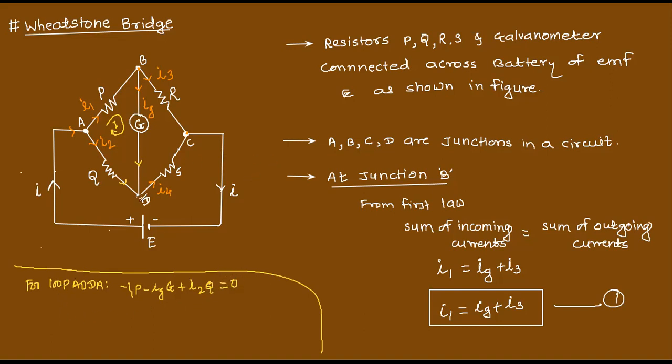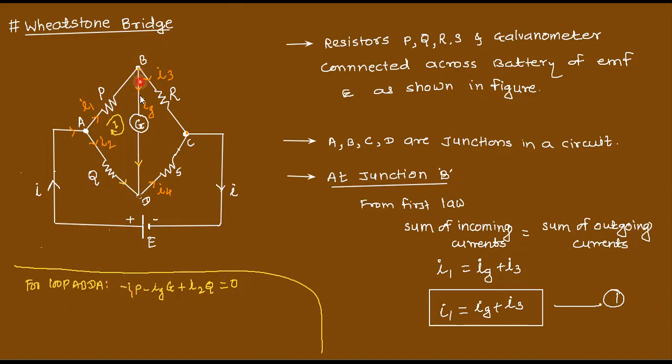Understand? One more time. You should know Kirchhoff's laws. See here, what is the loop? A B D A. A to B you are going. A to B means I1 into P, but in the direction of current, therefore minus I1P.